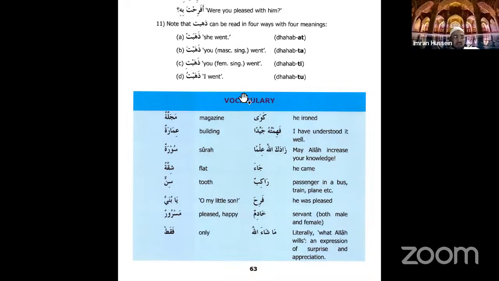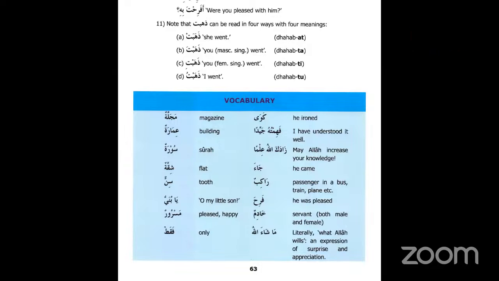The vocabulary, Sister Kulsum. Kawa, he ironed. Majallatun, magazine. Fahimtuhu jayyidan, I have understood it well. Imaratun, building. Zadakallahu ilman, may Allah increase your knowledge. Suratun, surah. Ja'a, he came. Shikkatun, flat.